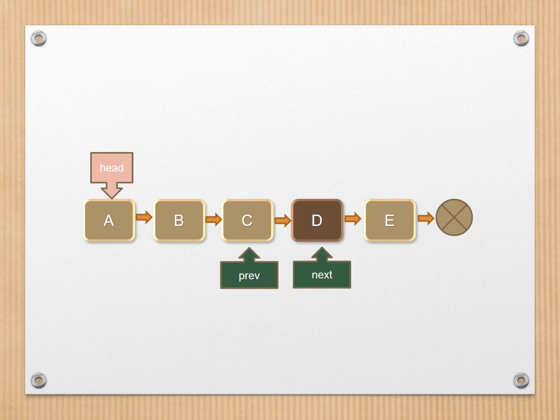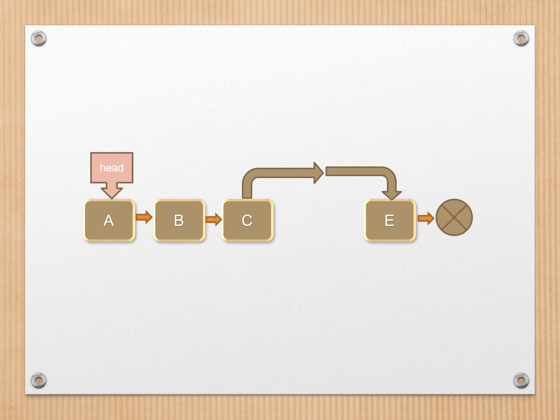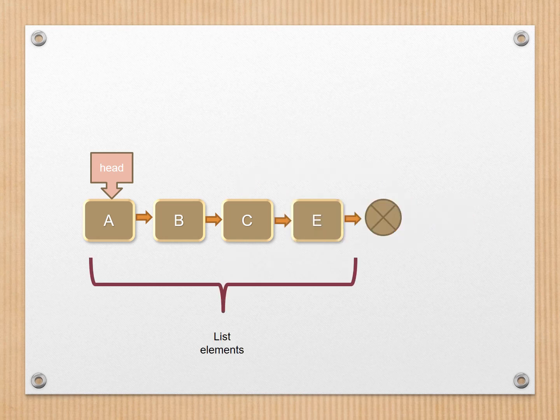As soon as the next pointer points to the element to be deleted, we assign the pointer of the element pointed to by previous to point to the element pointed to by the element to be deleted. Once the node to be deleted is removed, the total number of elements is reduced by 1.